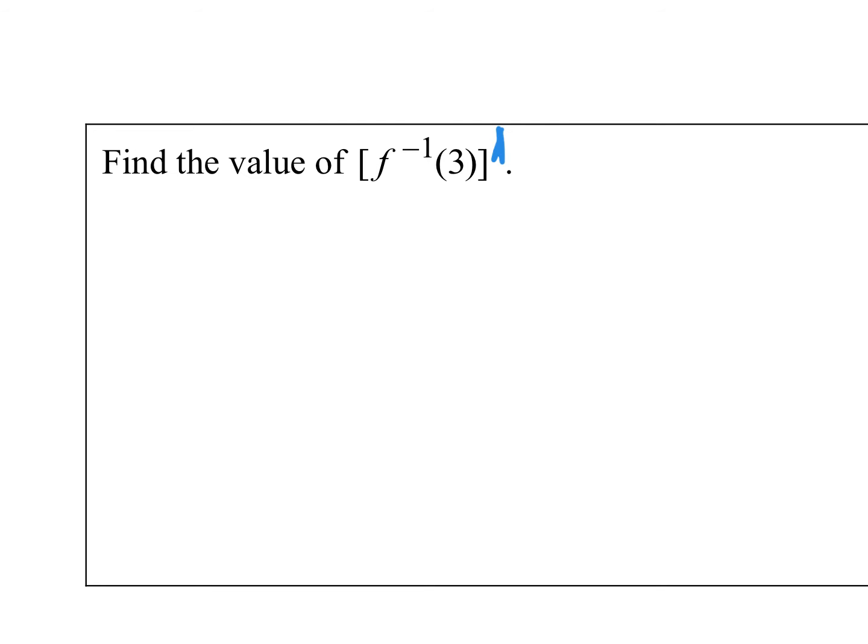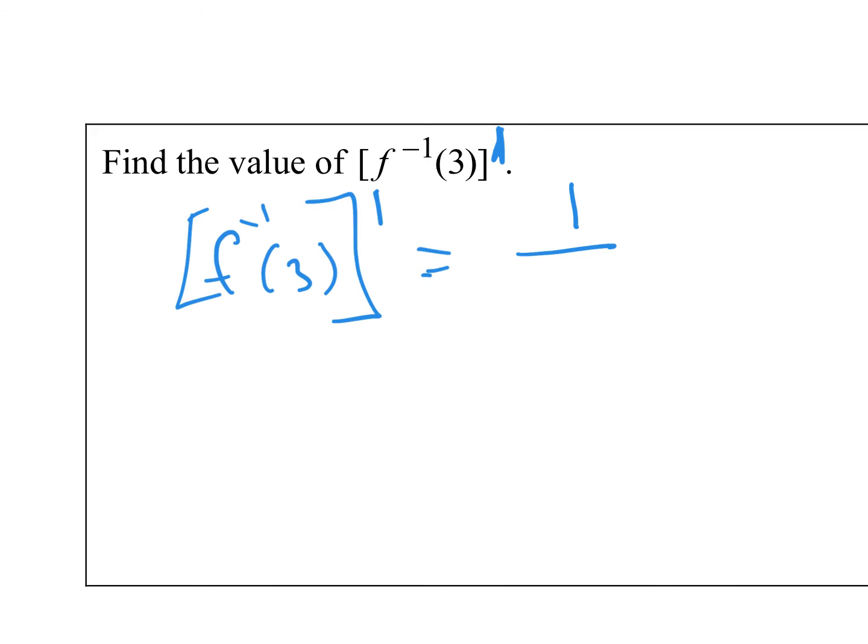So one thing that I did not do on Monday, I didn't write this out: the derivative of f inverse at 3 is equal to, what was the formula? 1 over f prime of something.